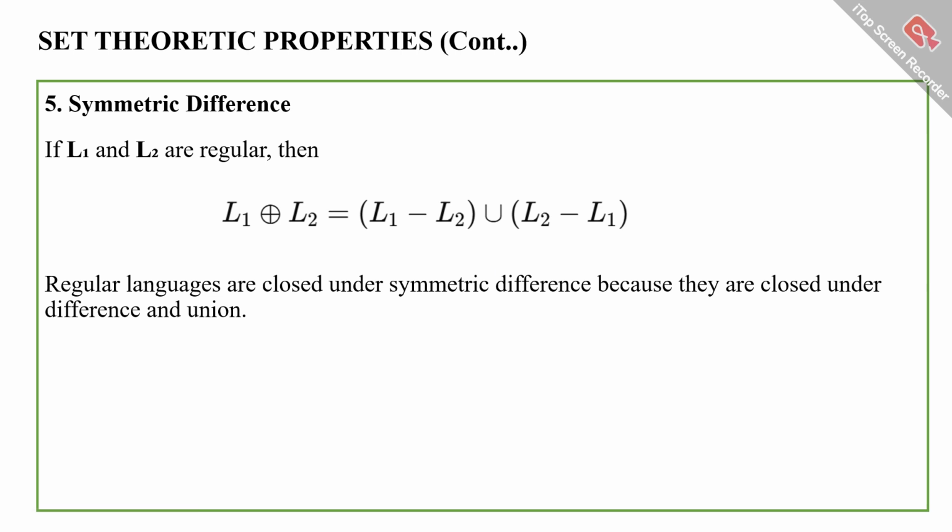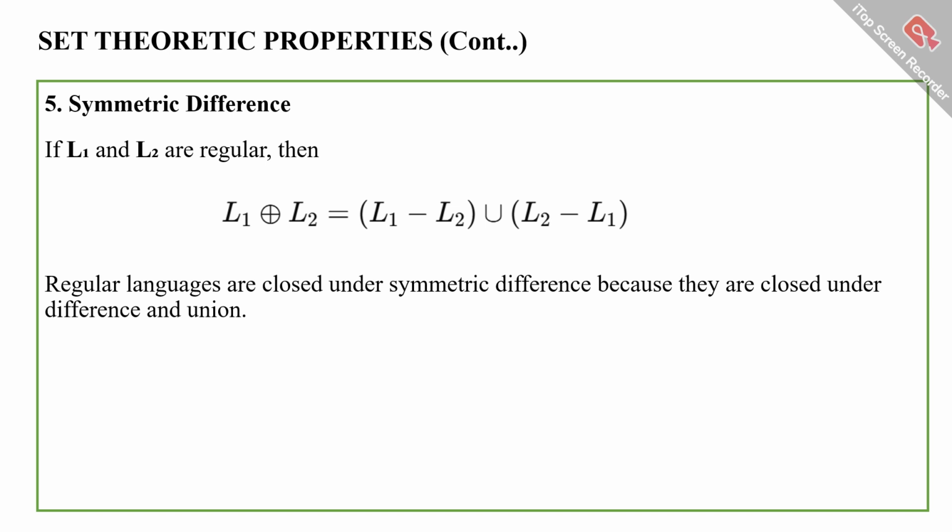I'll give one example. A equals 1, 2, 3, 4. There are 4 elements in set A. B equals 3, 4, 5. There are three elements in set B. A difference B means we have to remove the common elements.